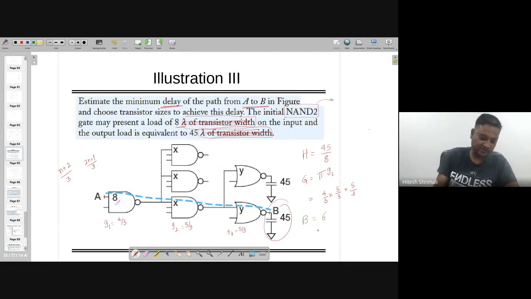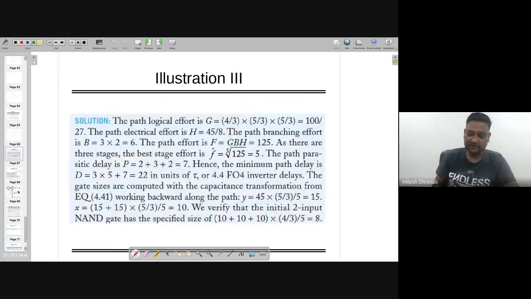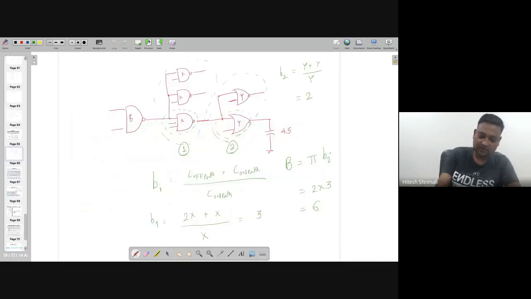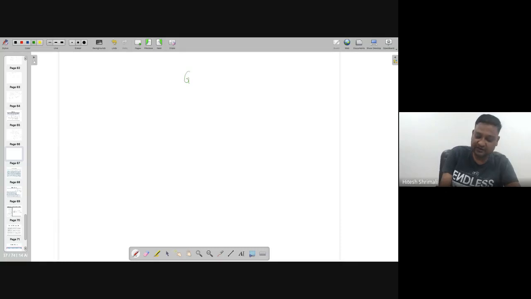So you know all these numbers, you can keep that, and multiplication of all these numbers is going to give you 125, right? So g times b times h is equal to 125.